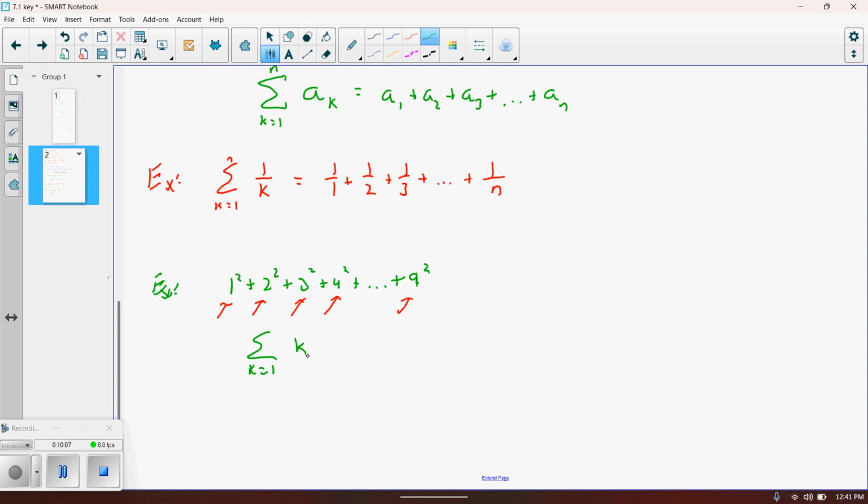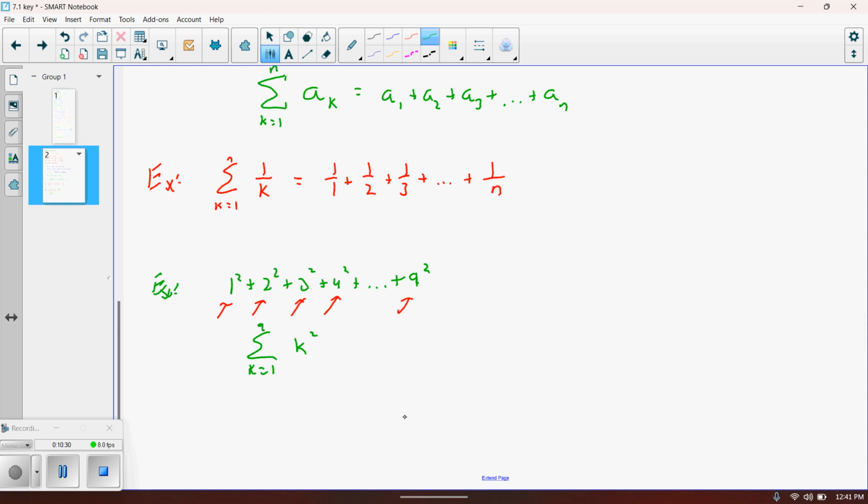We're always raising the base to the second power. So that's really the general term for your sequence. And we know that k is going to stop at 9 because that's what we were given in our sequence of terms. So that would be the sum as k goes from 1 up to 9 of k squared.